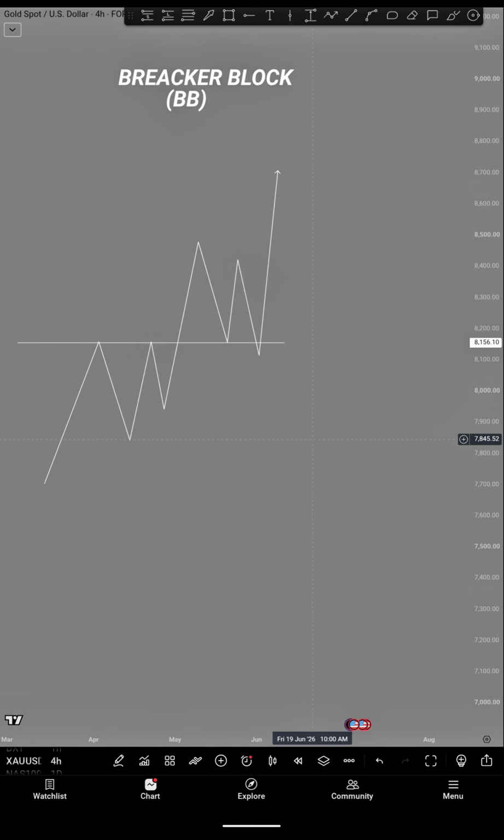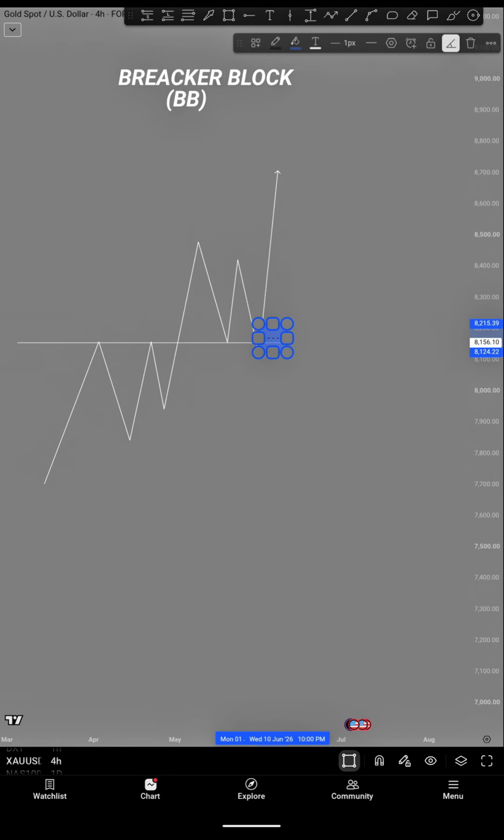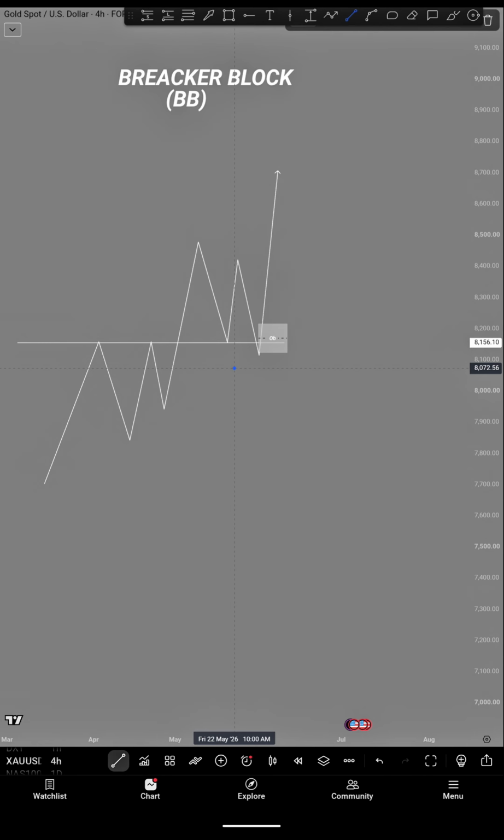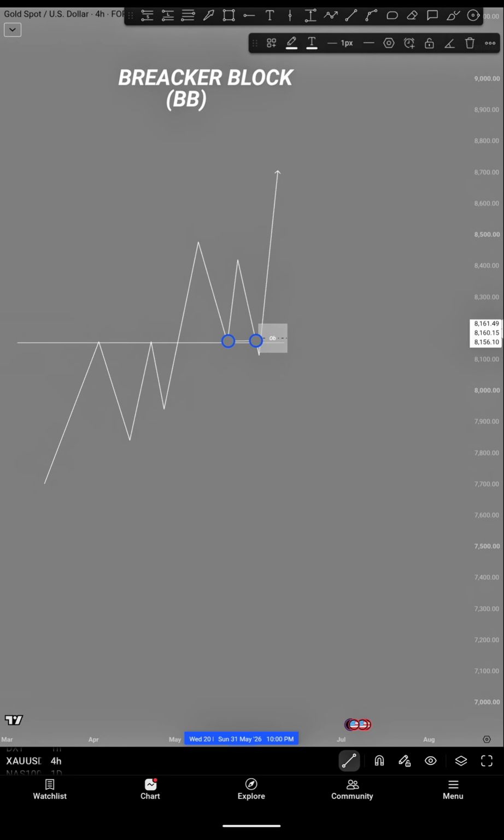Why? Because let's assume this area is a good order block, for example. This is just an introductory example. So let's assume 1 a.m. is an order block. Why is it an order block? Because we had a sweep of liquidity here. For example, this is just an example.